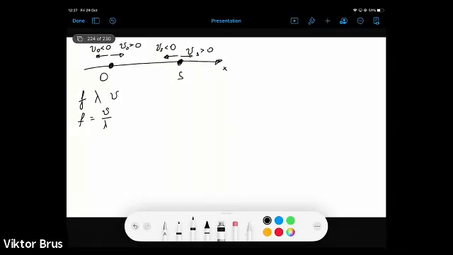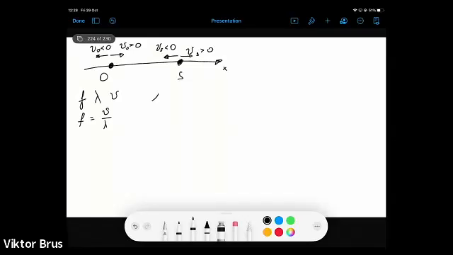So now the question: we consider now a mobile observer and a stationary sound source. Which frequency will the mobile observer hear if it approaches the sound source, which is stationary?